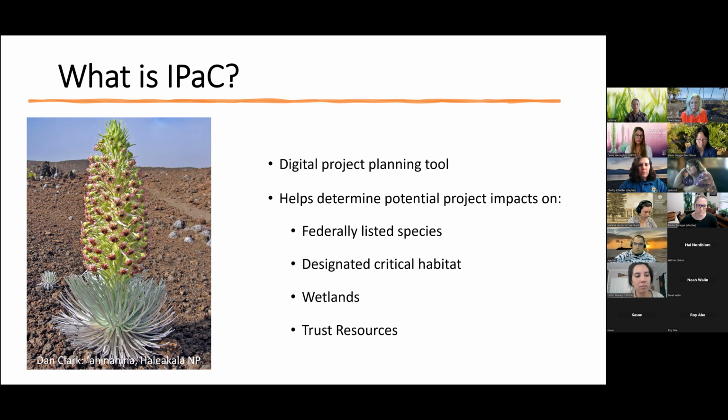And to go back to the trust resources, in case people aren't familiar, trust resources include not only listed species under the Endangered Species Act, but also migratory birds, interjurisdictional fish, marine mammals, and other species of concern, all their habitats, as well as federal facilities such as national wildlife refuges.